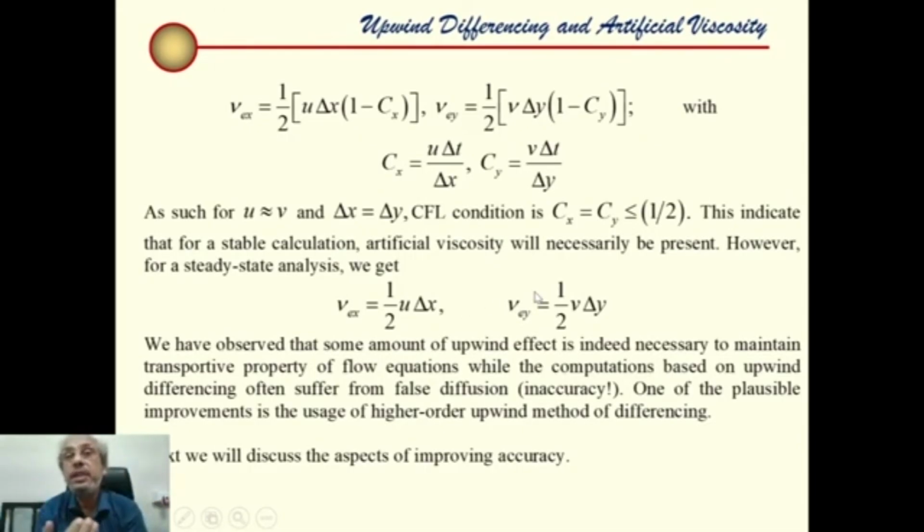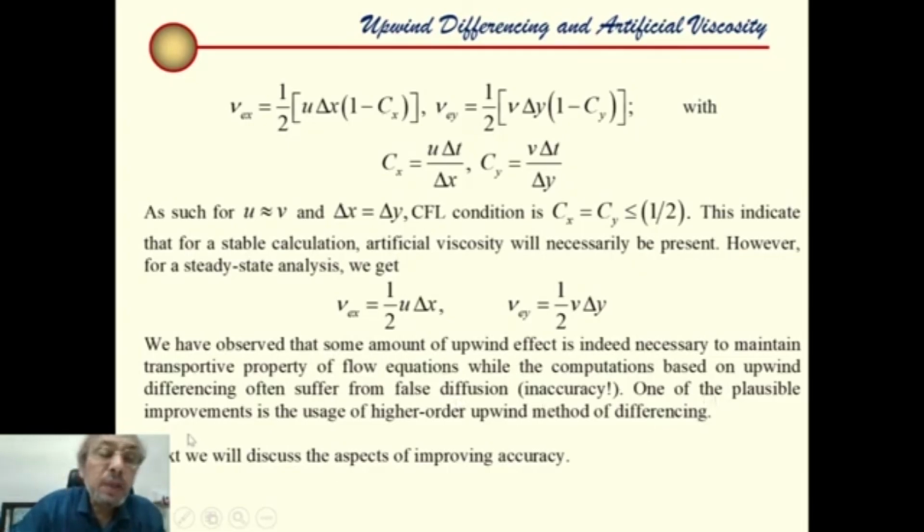So what does viscosity do? The physical viscosity diffuses. So numerical viscosity also will diffuse the error, and this is sometimes called false diffusion, and obviously this is a source of inaccuracy.